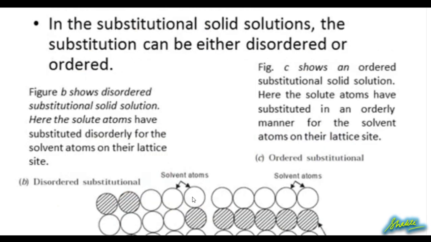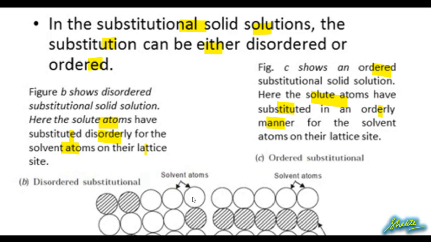In substitutional solid solutions, the substitution can either be ordered or disordered. In disordered form, solute atoms have substituted disorderly for the solvent atoms, and in ordered form, solute atoms have substituted in an orderly manner.